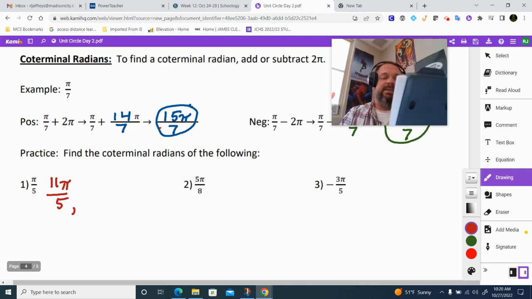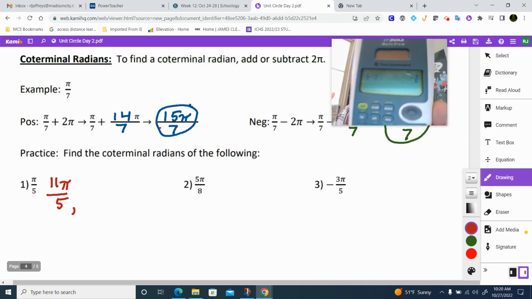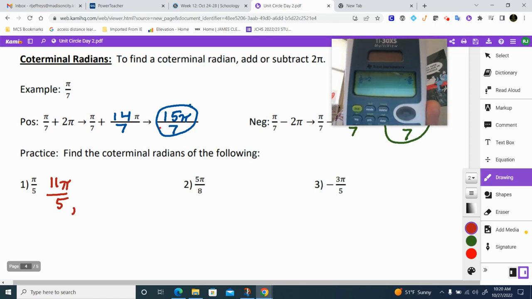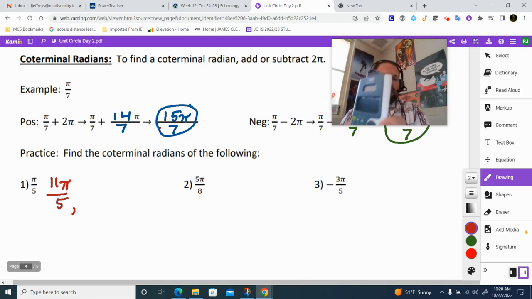I swear I hit the 2. My calculator gave me the wrong answer. All right. So negative 9 over 5. So this would be negative 9 pi over 5.